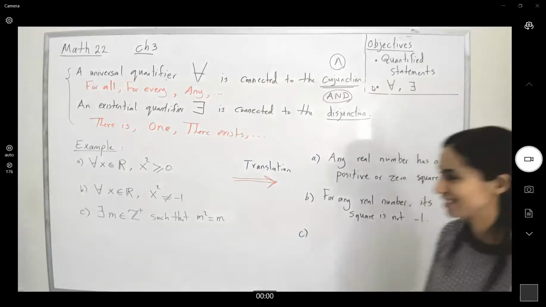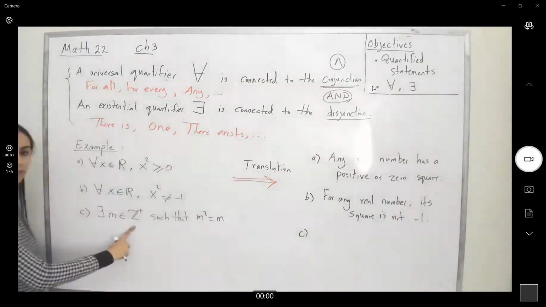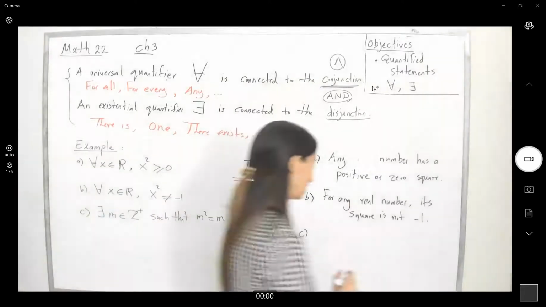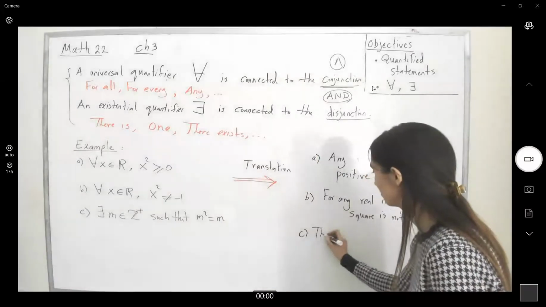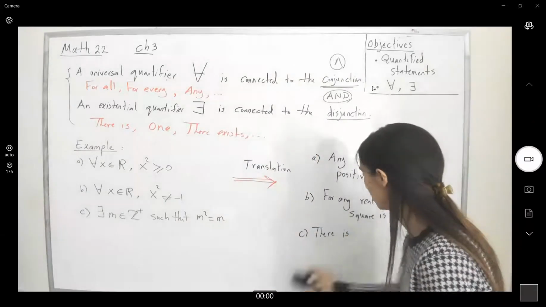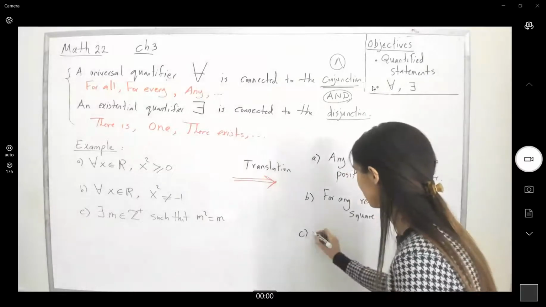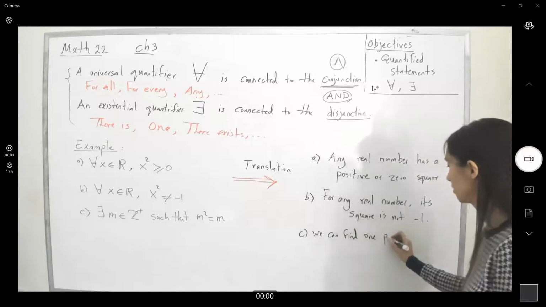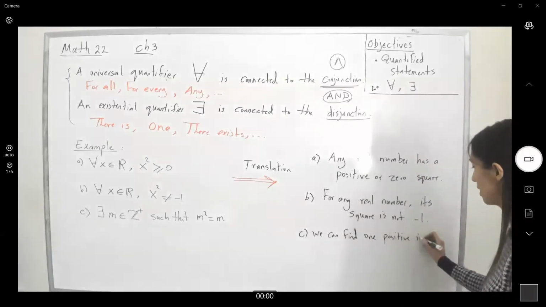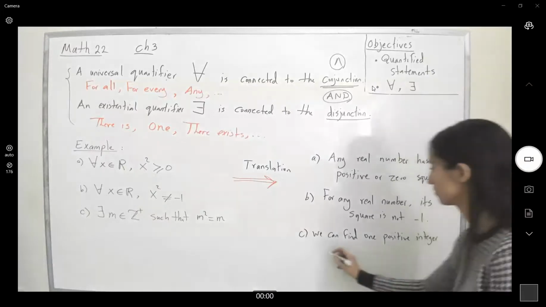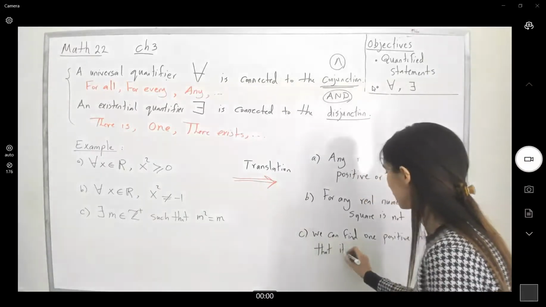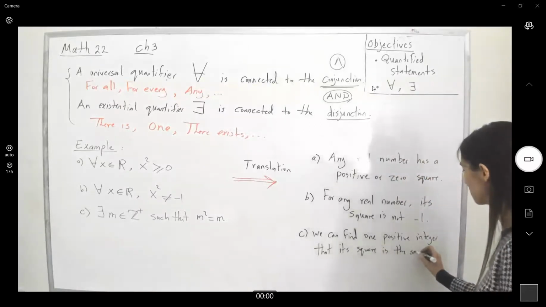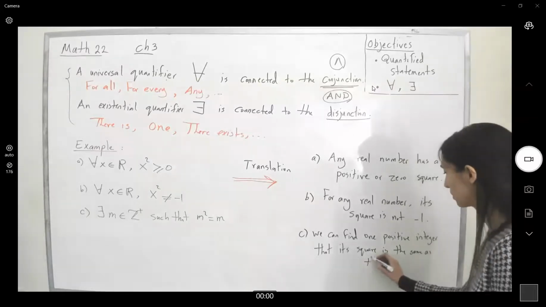There is one positive integer such that its square is equal to itself. There is, or we can find, one positive integer whose square is the same as the number.